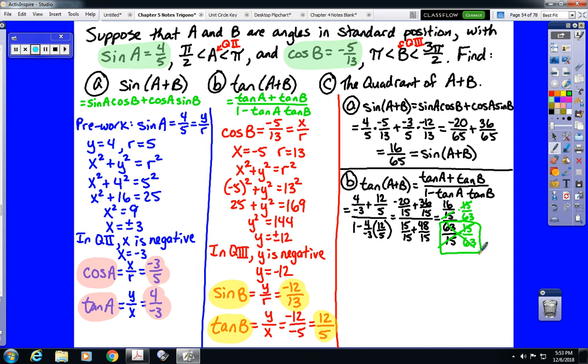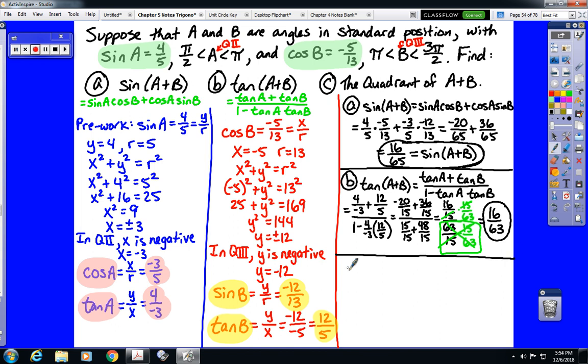That's the whole point of doing that. And that would give us an answer of 16/63 for our tangent of A plus B. So the sine of A plus B was a positive number, 16/65. And the tangent of A plus B was 16/63.